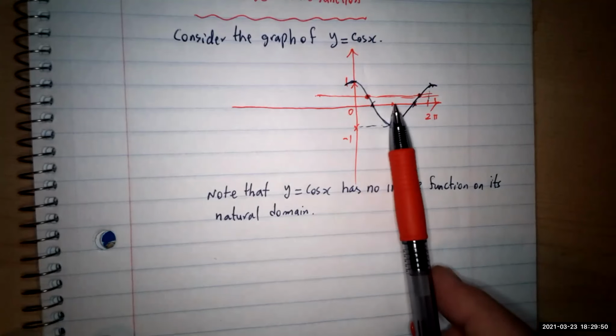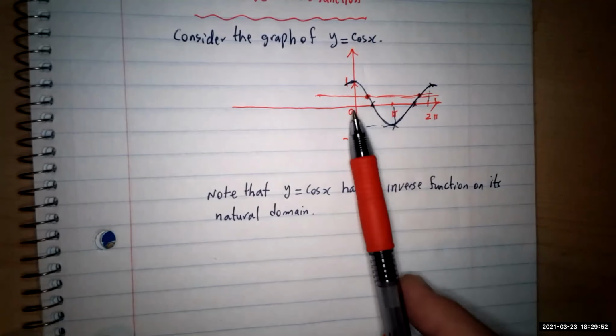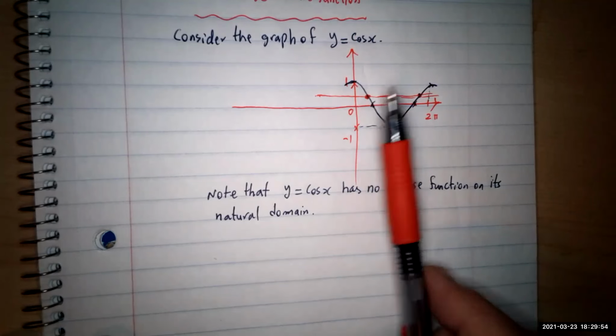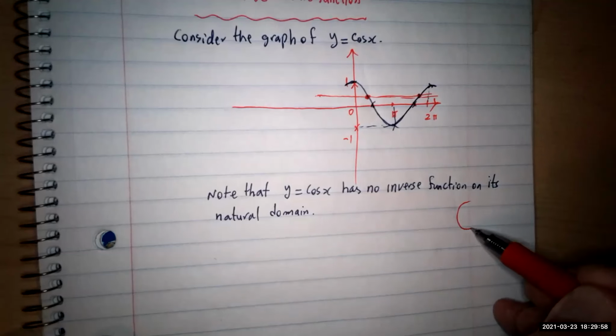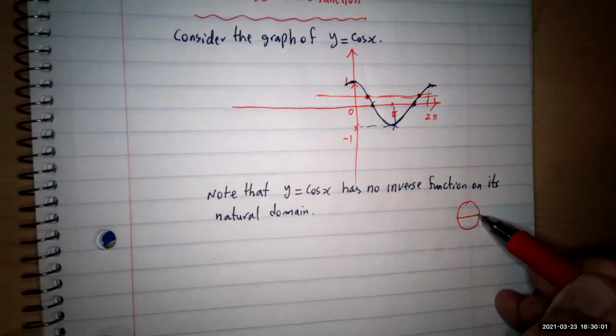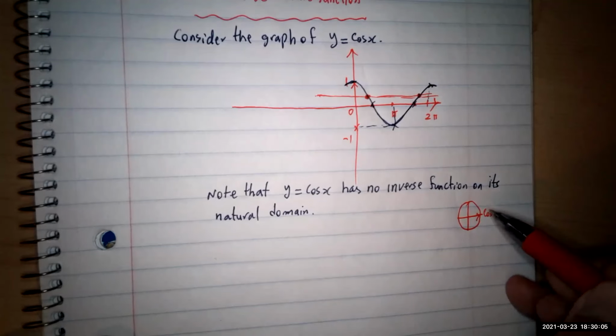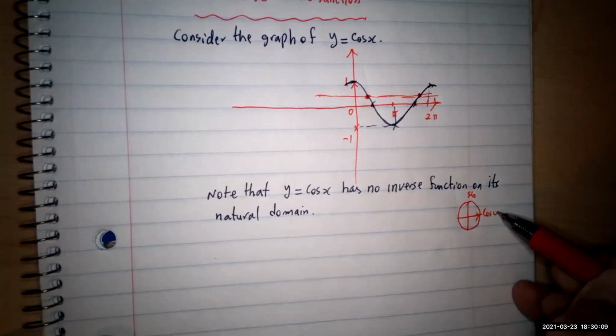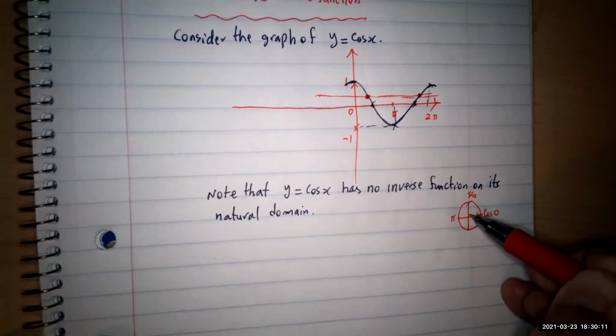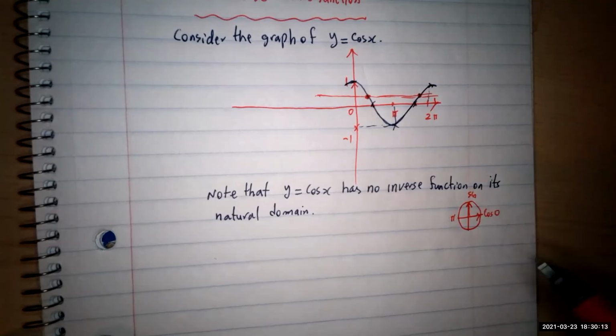Now, why do we consider 0 and pi? You see, this is the unit circle, and this is the cosine, and this is the sine. When you are between 0 and pi, the sine is always positive.